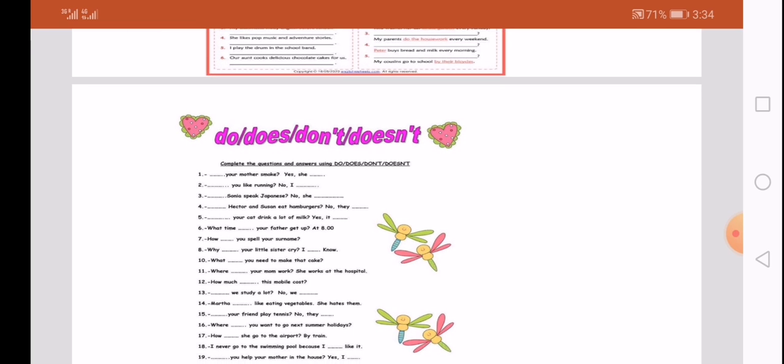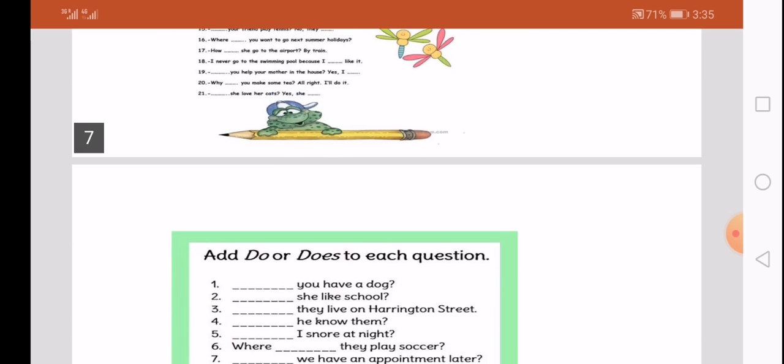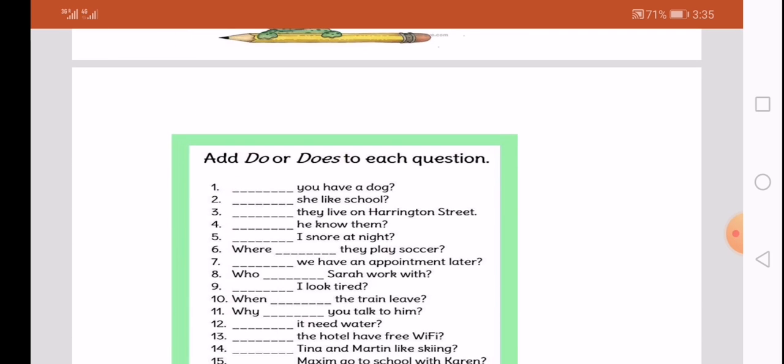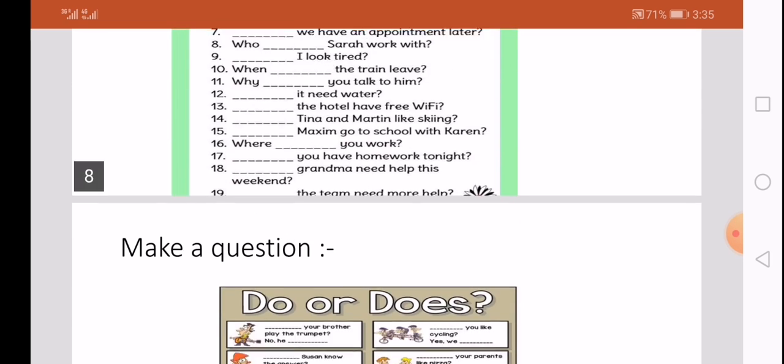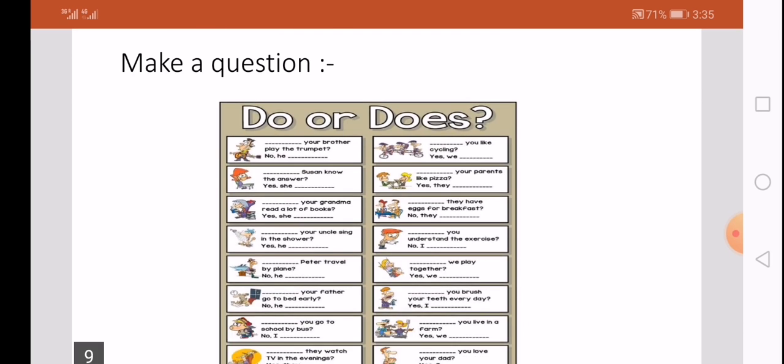So here you are going to use do, does in a question, or sometimes you are going to use do not or does not in a negative or answering. And here also add do or does to each question. So I want you to practice this so as to keep the rule of the simple present in your mind. Make a question also. You are going to use do or does here.